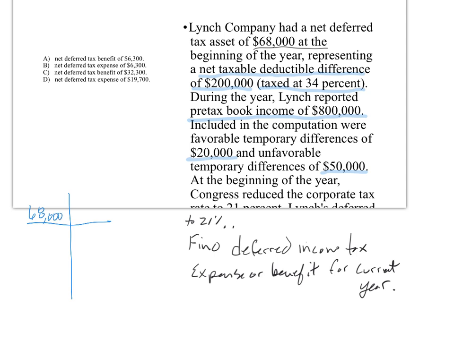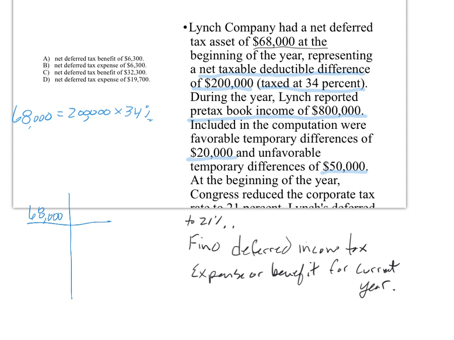Okay, and so where does that $68,000 come from? That $68,000 is equal to $200,000, our net taxable deductible difference, times 34%. So that gives us our $68,000 essentially starting balance for our deferred tax asset at the beginning of the year.